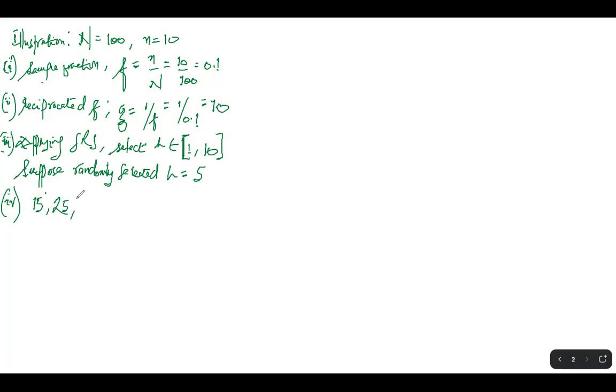After the 25th person, who comes next? The 35th. After the 35th, the 45th. After the 45th, we have the 55th. After the 55th, we have the 65th. After this, we have the 75th person.